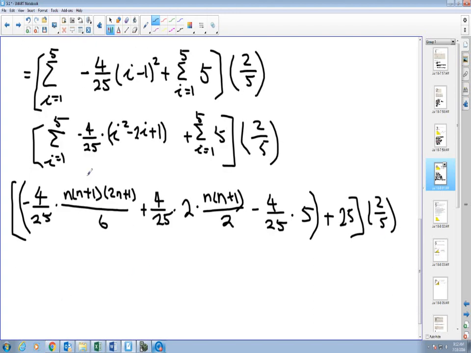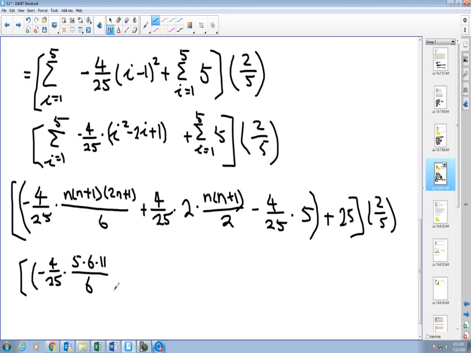Alright, so let's simplify what's inside this parenthesis with a -4/5. Anything can be simplified here. n is 5, so I'm going to go ahead and write it out. -4/25 times n is 5 times 6 times 11 over 6.